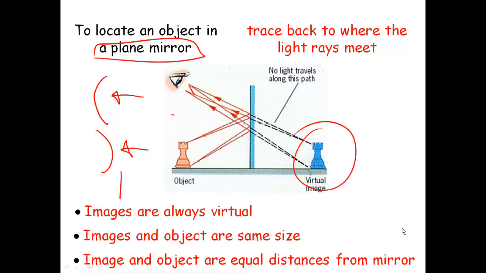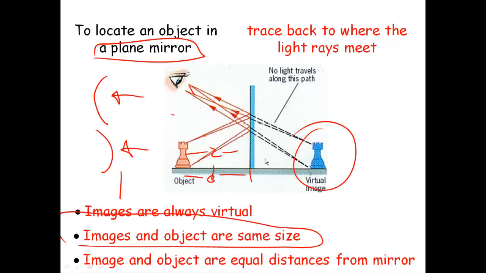The difference between a plane mirror and a curved mirror that gives you a virtual image is that with a plane mirror, the images always appear the same size. They're still upright, they're still virtual. Oh, and the distance is the same. If you're 2 feet in front of the mirror, well, the image is going to appear 2 feet behind.